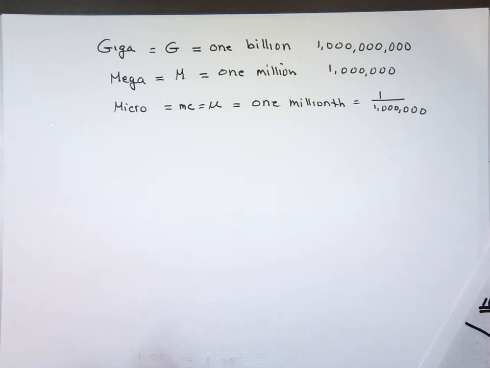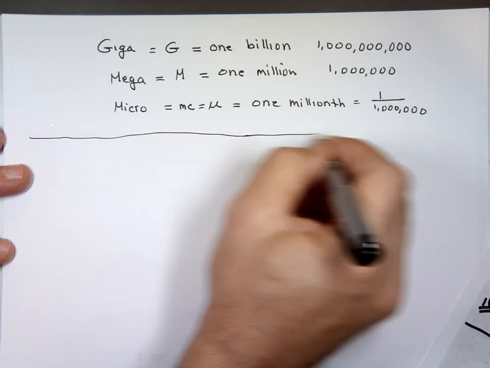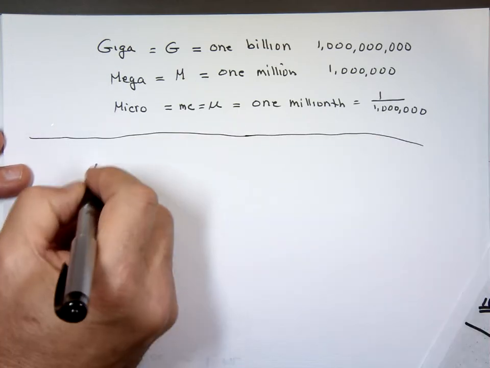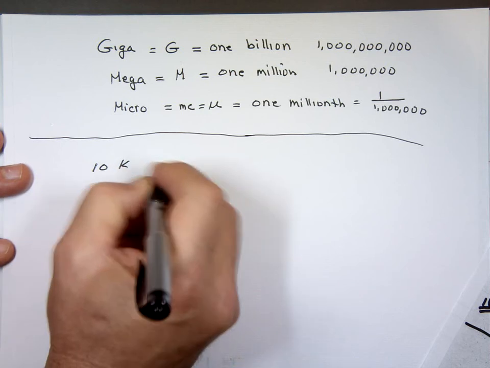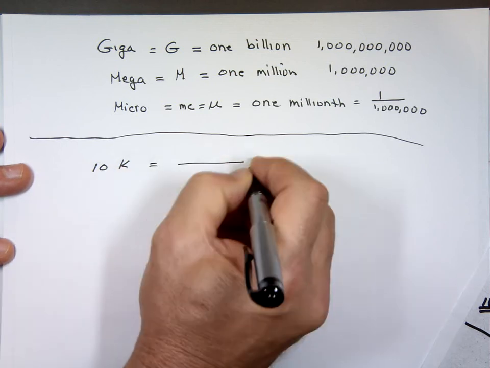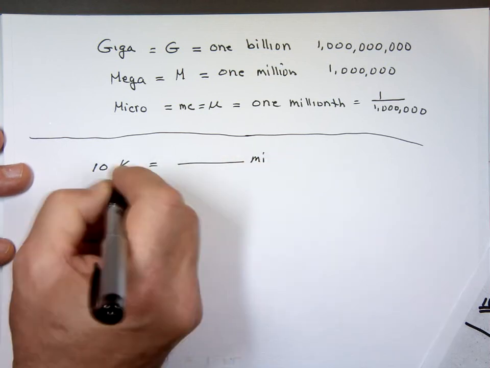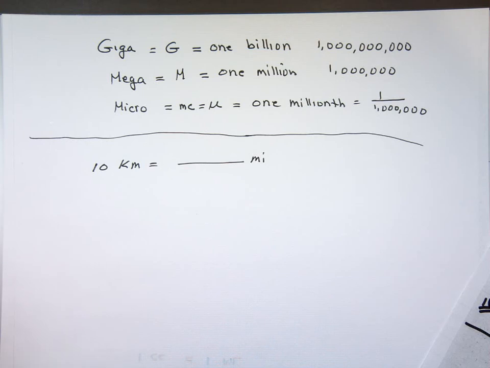So here's an example where you might use that. Does anyone run races here? He said, I ran a 10K race. Change that to miles. 10 kilometers, that's what a 10K is known for. If you watch the Summer Olympics, all the distances are in kilometers.